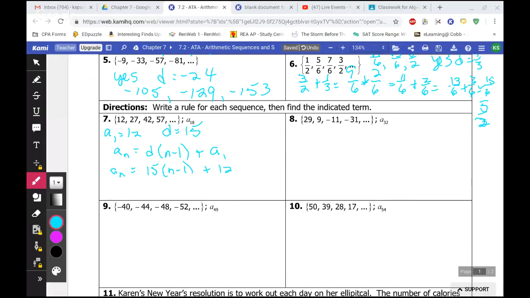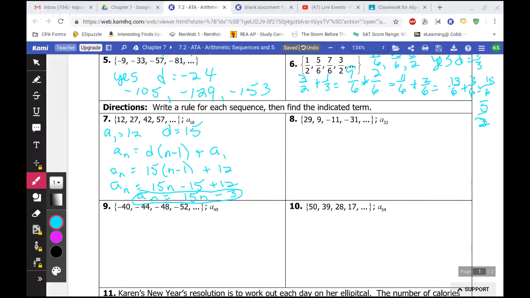So now to simplify, we'll distribute the 15 throughout the parentheses, and then you combine like terms. So it's 15n minus 3. That's the rule.